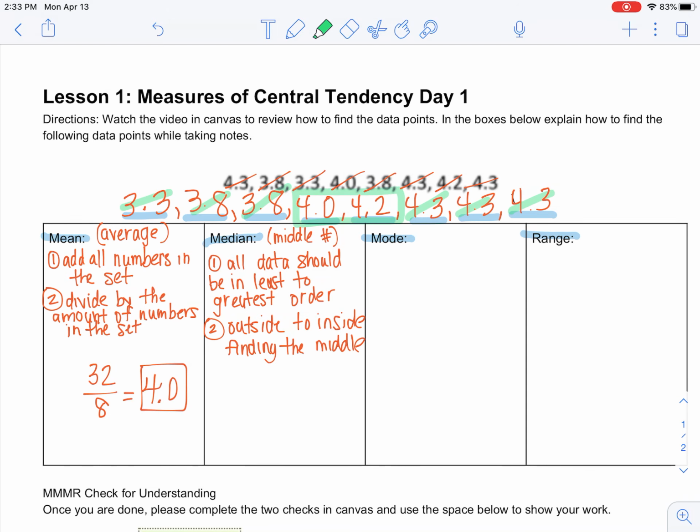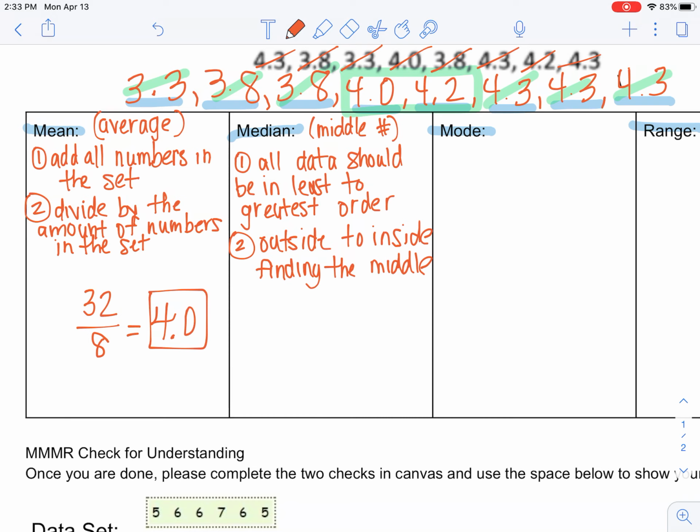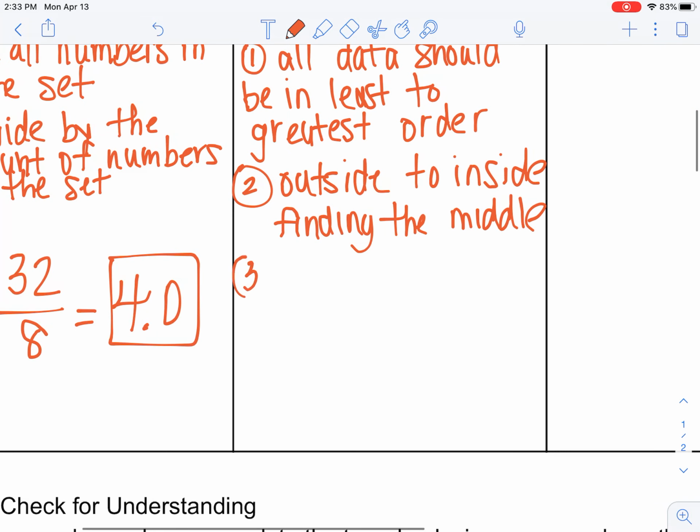We have 4.0 and 4.2. So what we do is we actually find the average. So we're going to write a step 3 in here. If 2 remain, find the average.